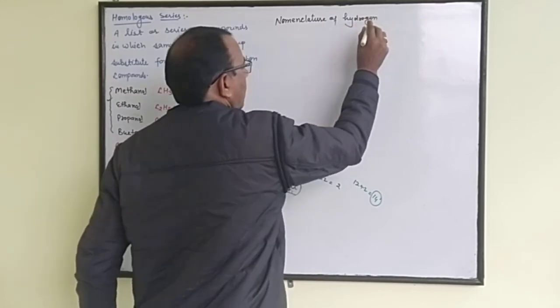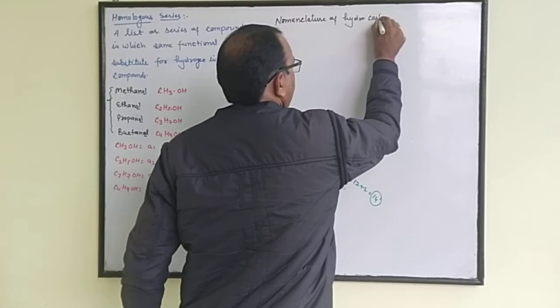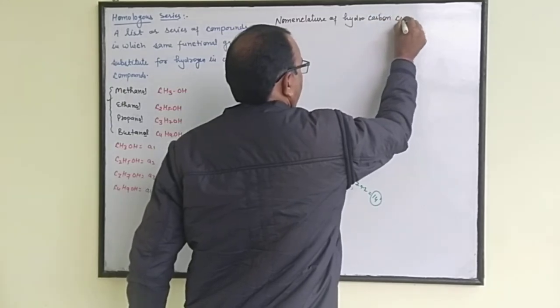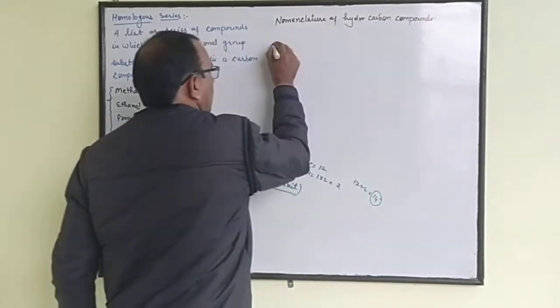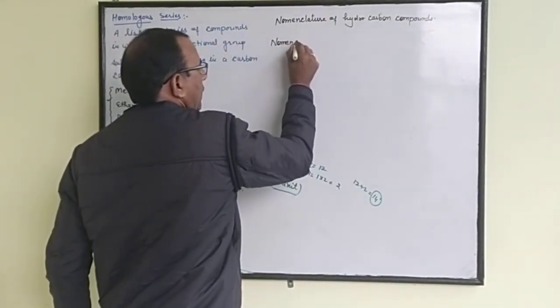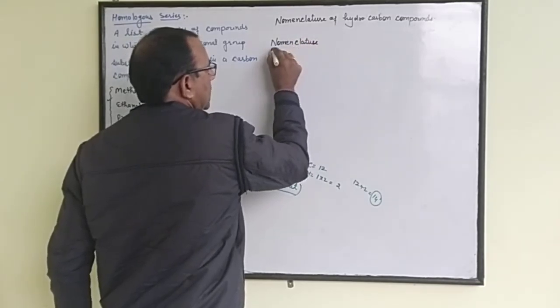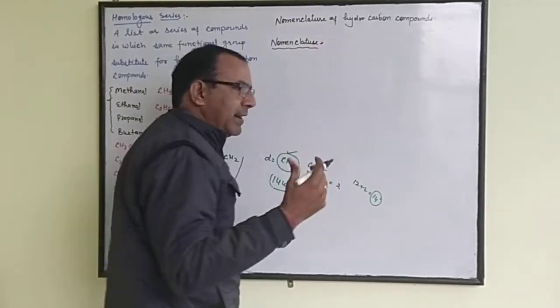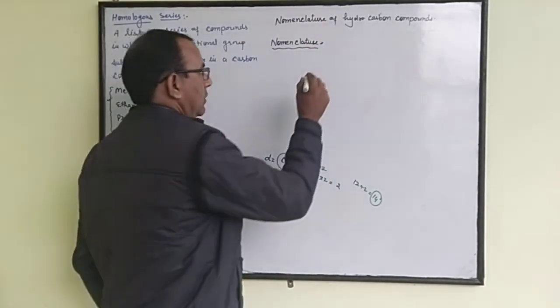Nomenclature means to give a name to any compound. किसी भी कंपाउंड को नेम प्रोवाइड कराना, that is called nomenclature.